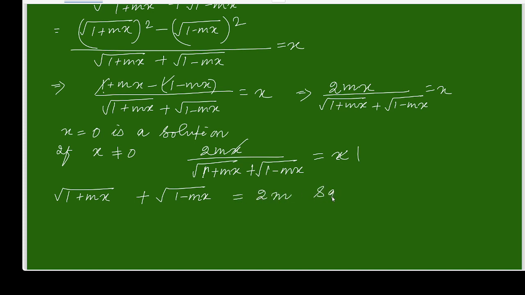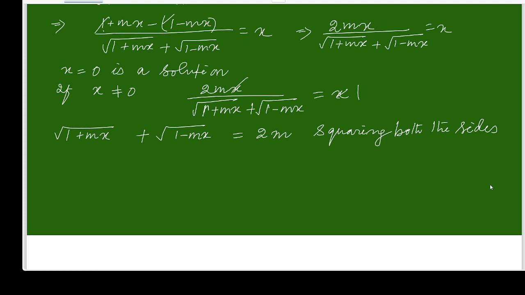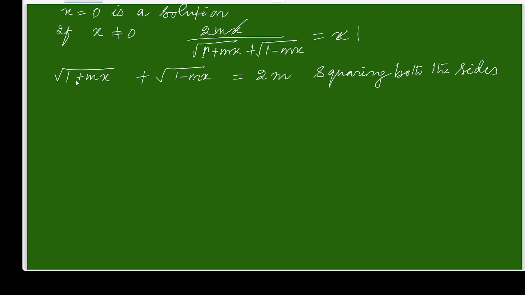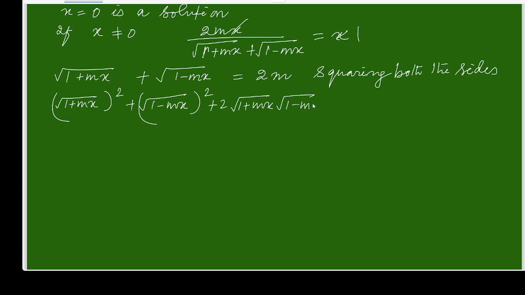So I'll square both the sides. In the left side, I'll get square root of 1 plus mx whole square plus square root of 1 minus mx whole square plus 2 times square root of 1 plus mx times square root of 1 minus mx is equal to 2m whole square, that will be 4m square.